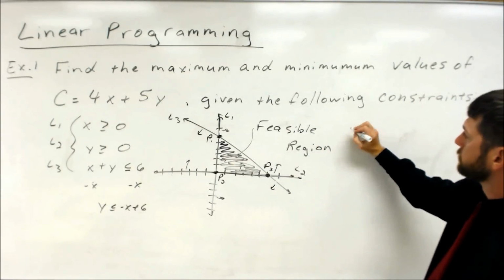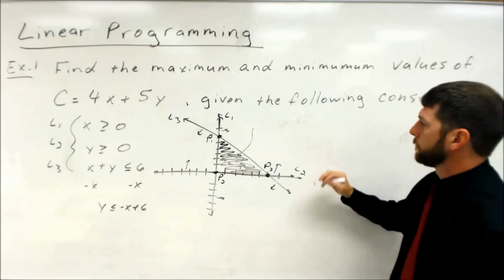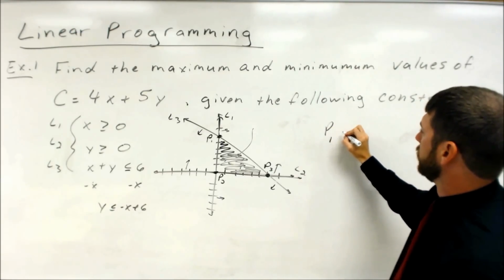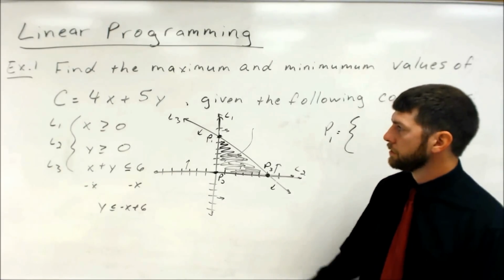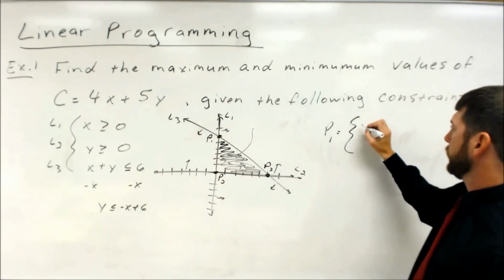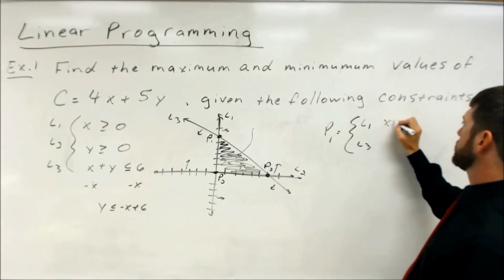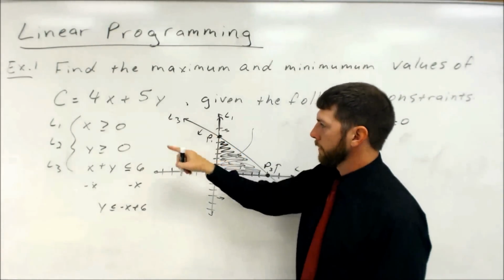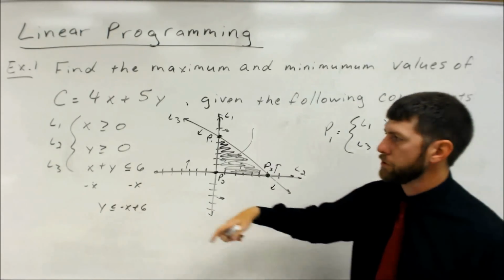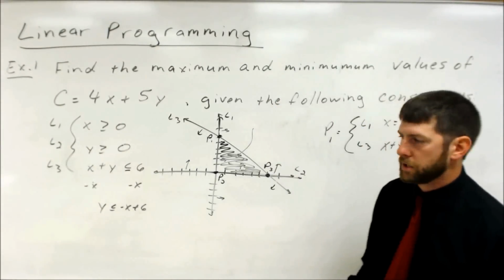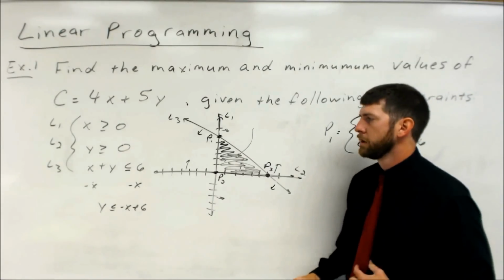So let's come over here. Get rid of that, so I've got some room to work. Let's look at point 1. It is the intersection of what two lines? Line 1 and line 3. We know line 1 is x equals 0 and line 3 is x plus y equals 6. Well, you're saying line 1 is x greater than or equal to 0 and line 3 is x plus y less than or equal to 6.